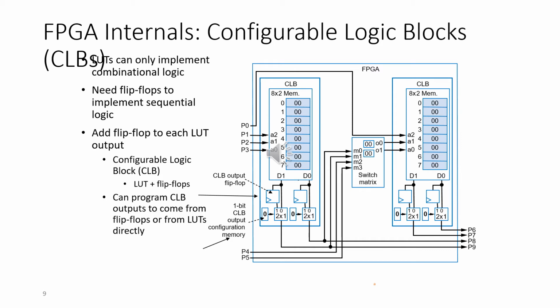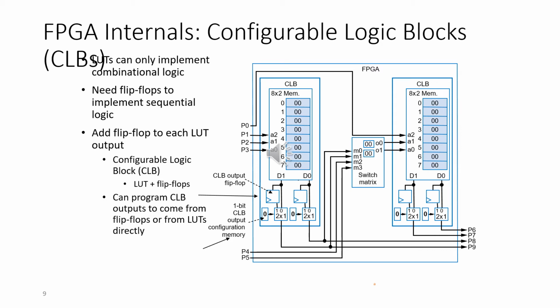We can program the CLB output to come from either the flip-flop or directly from the LUT. If we want a combinational circuit output, we can program the CLB so that the output is given out directly, and if we want a sequential circuit, then the output is clocked with a flip-flop so that it becomes a sequential circuit.